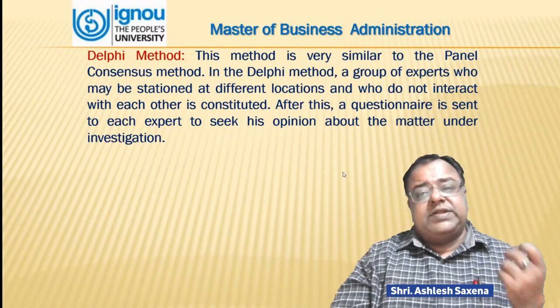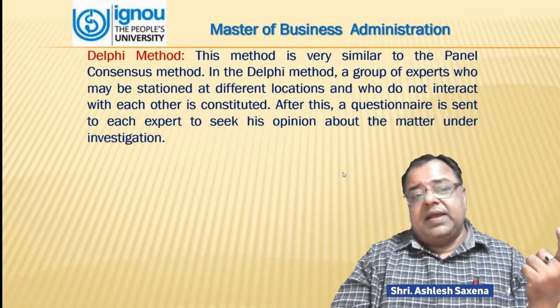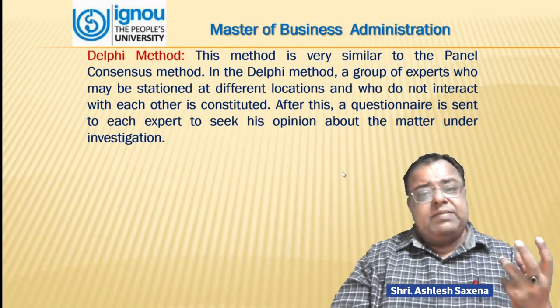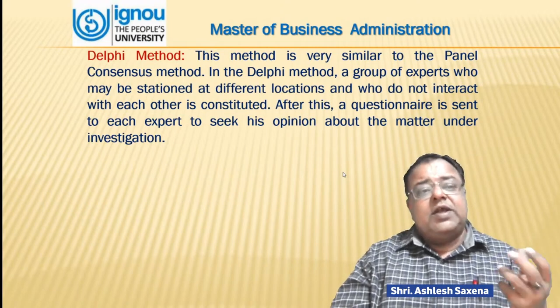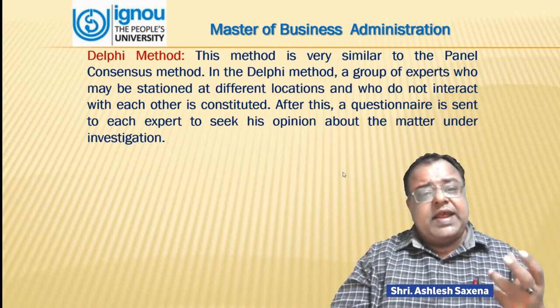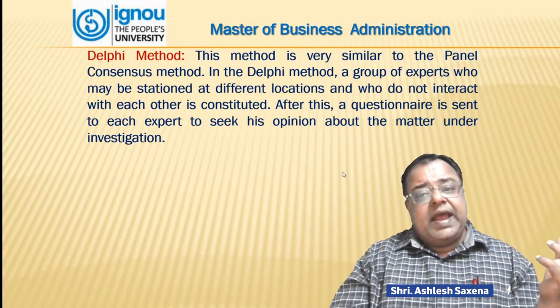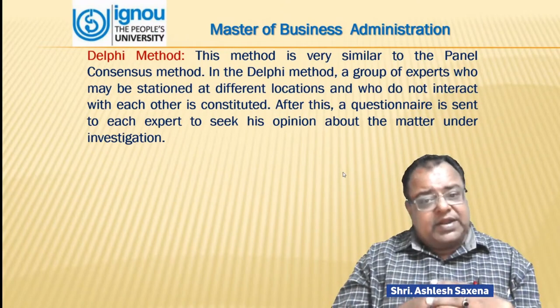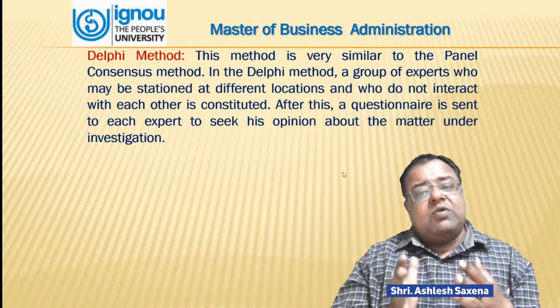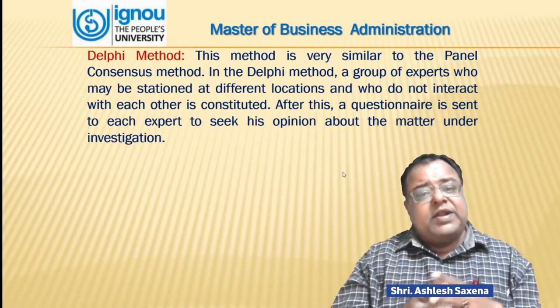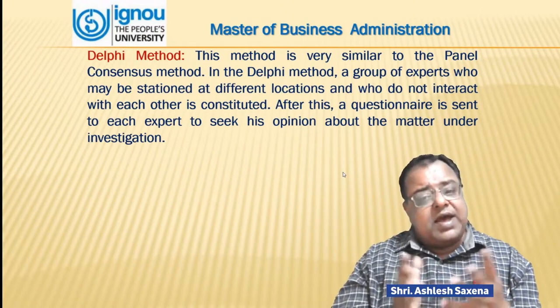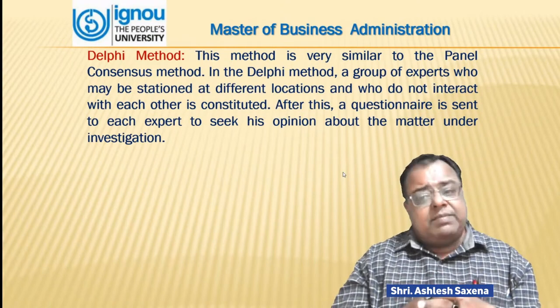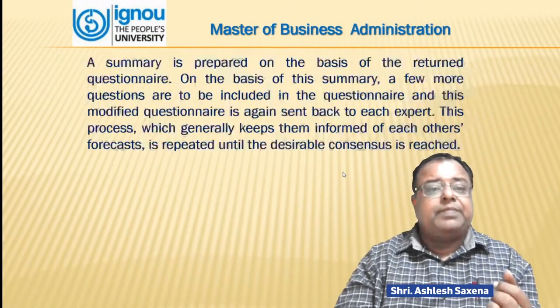This method is very similar to the panel consensus method. In the Delphi method, a group of experts who may be stationed at different locations and who do not interact with each other is constituted. A questionnaire is sent to each expert to seek his or her opinion about the matter under investigation.